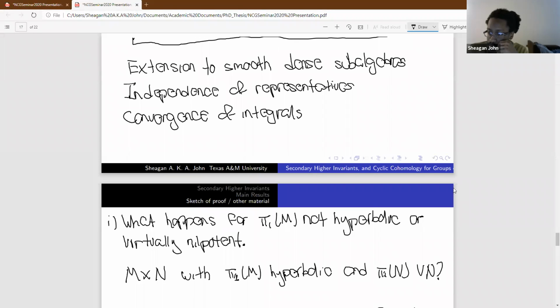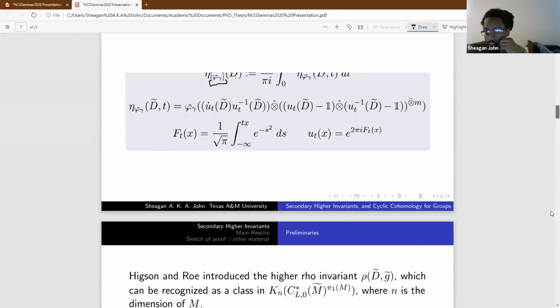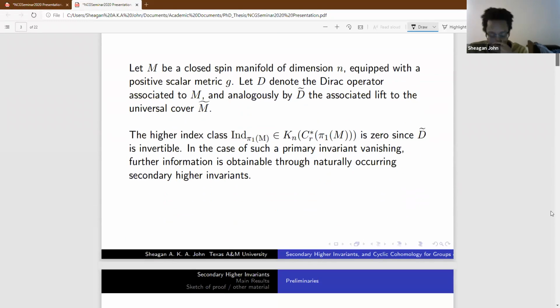In the case where we compute the secondary higher invariants, one of the important examples is that the higher rho invariant depends on our metric, and the way it's defined, we can tell, for example, if we are able to deform one metric of positive scalar curvature into another through a homotopy which resides completely within our space of positive scalar curvature metrics, which is not something that our higher index class by itself has the subtlety to do.